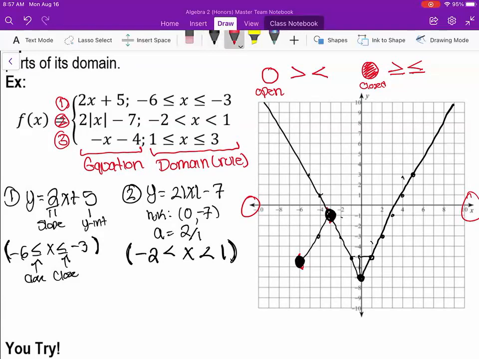My first boundary is at -2, which is right there. My right boundary is at 1, which is right there. So anything that is not within that boundary, let's grab our eraser and just erase it. So that's gone. That's gone.